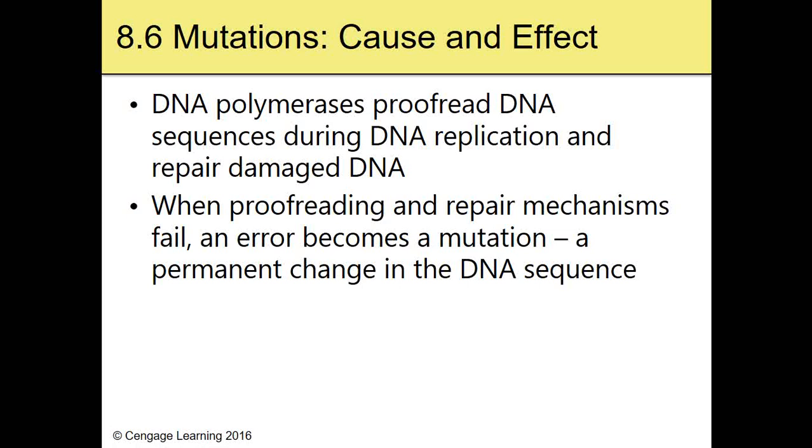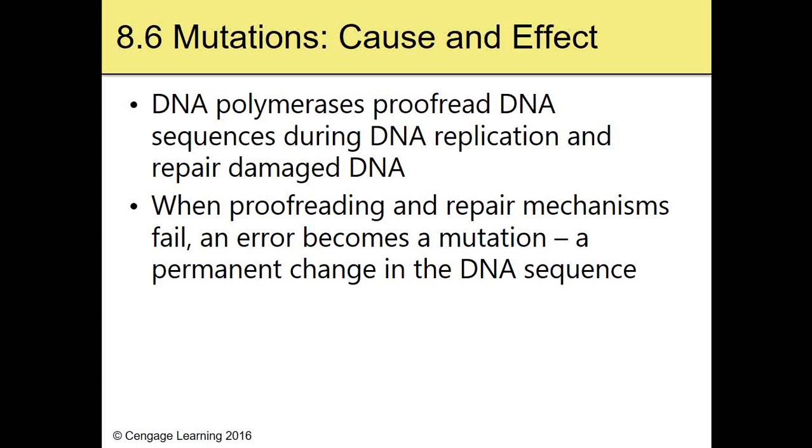Because we don't want any mistakes made when we are making a copy of our DNA, we have polymerases that will come in and check the work of the other polymerases to make sure that the DNA is being copied correctly. Their job is to proofread the DNA sequences and make sure that DNA replication is going properly, and if they find a mistake, they can repair it.